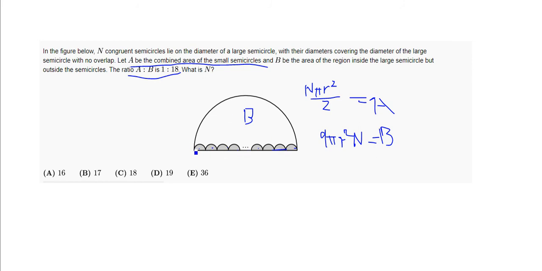If we have r for one of these, and we have n of these semicircles, multiplying n, the amount of semicircles, by r, the radius, we'd go all the way down and then stop halfway here, because we're finding the radius. So n times r is the radius.